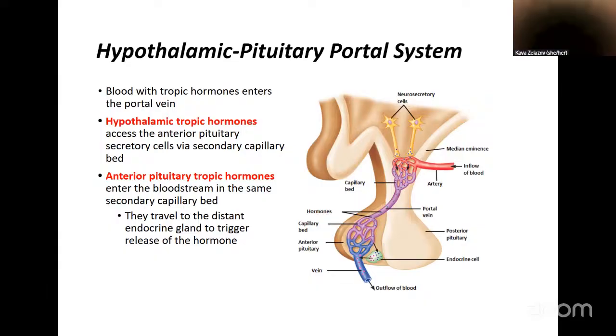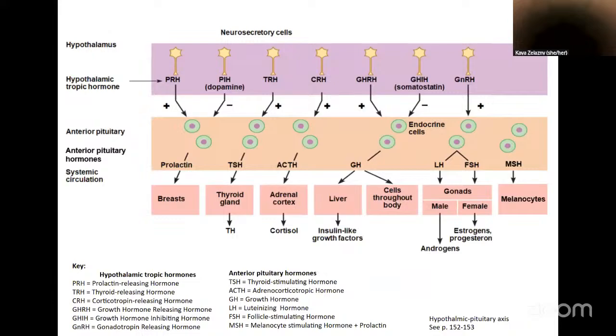in the body. We left off on a slide that looks like this, mapping out all our different hypothalamic tropic hormones, all our different anterior pituitary hormones, and how they interact with the rest of the body. Okay, so we can see the exceptions to that rule about anterior pituitary hormones being tropic is really just kind of prolactin.